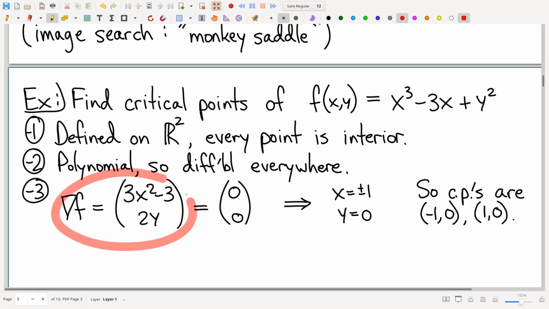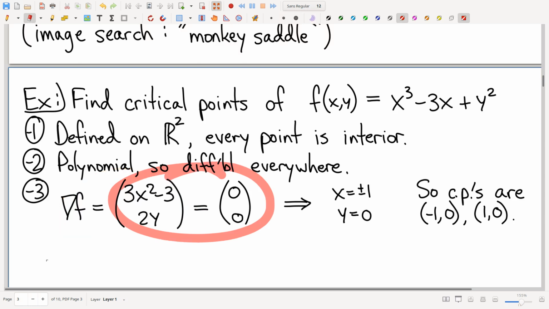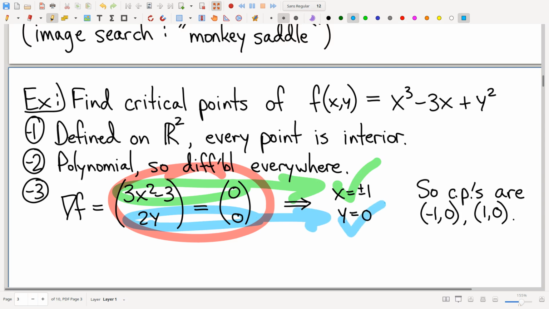So we compute the gradient, we set it equal to 0, and we look for points that satisfy this little resulting system of equations. This little system of equations is actually pretty easy to solve. In this case, this equation tells you x has to be plus or minus 1, and this equation tells you y has to be 0, and so altogether we have these two critical points right there.